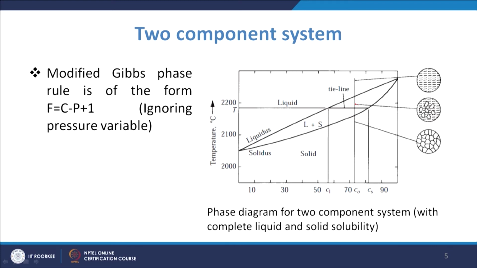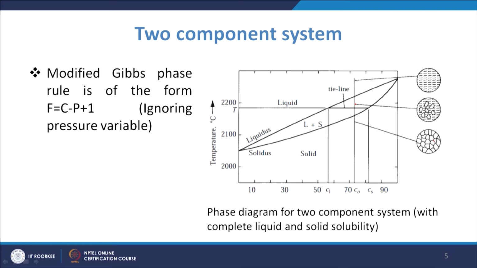When the temperature comes below this point, the solid will crystallize out, so apart from liquid you also have crystallized solid phases. Once the temperature reaches below the solidus line, it completely becomes solid.